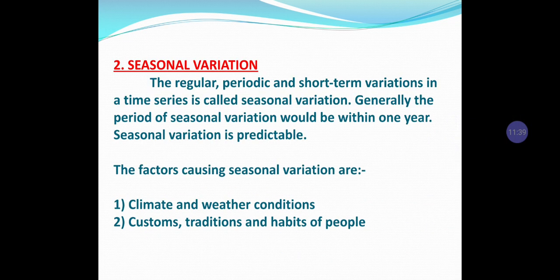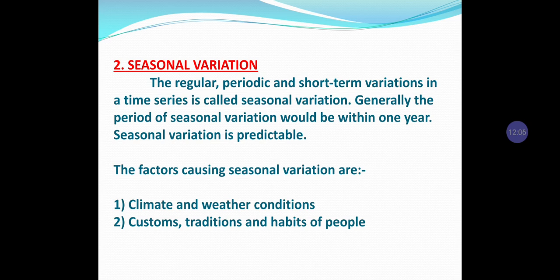The factors causing seasonal variation are climatic or weather conditions, customs, traditions, and habits of people. Customs and traditions of the people we can also see at festival times, where Hindus do all the rituals and festivals. Christians have two main festivals, Easter and Christmas.